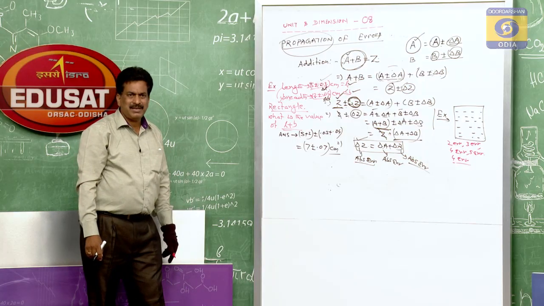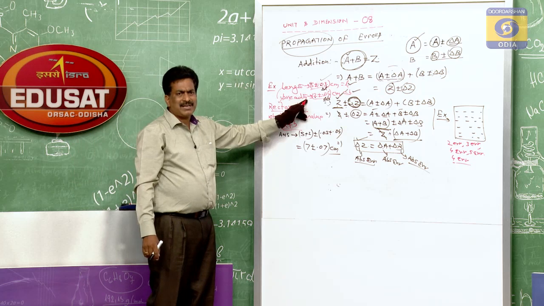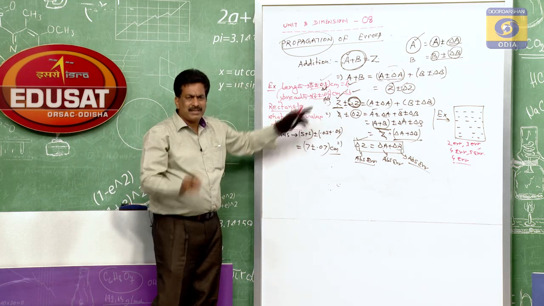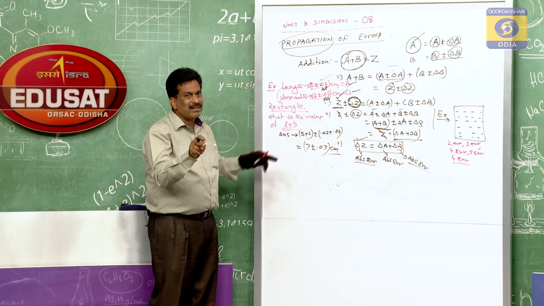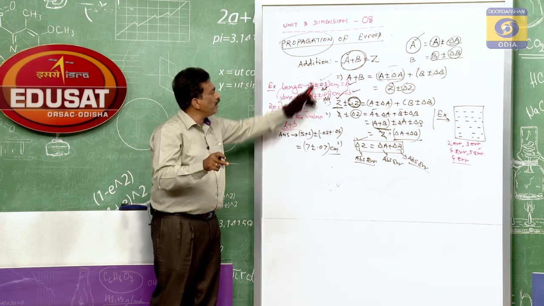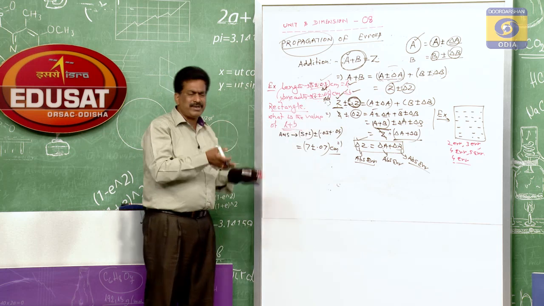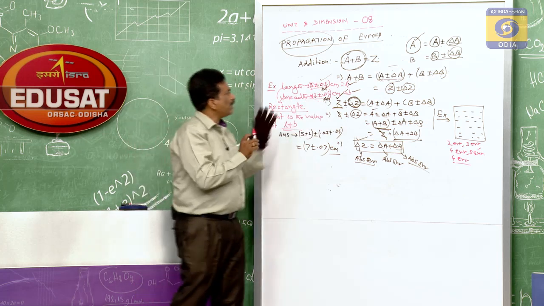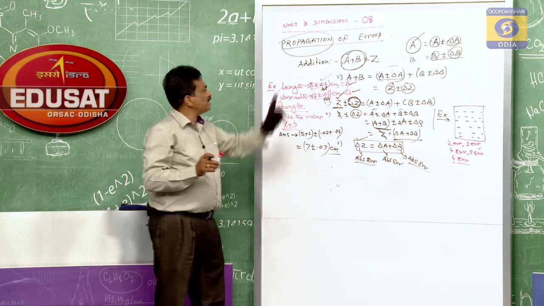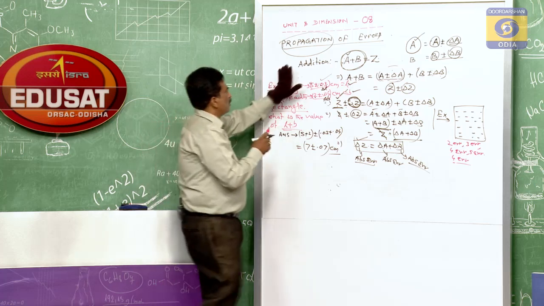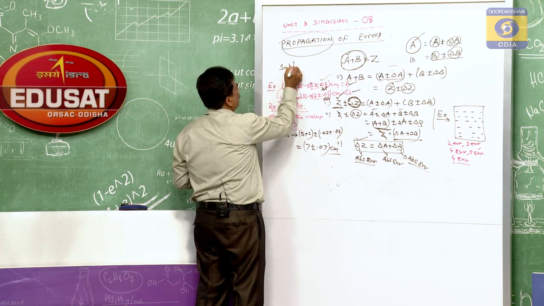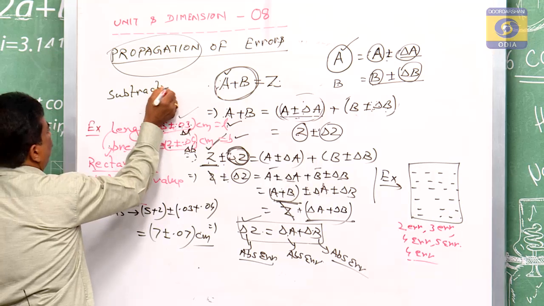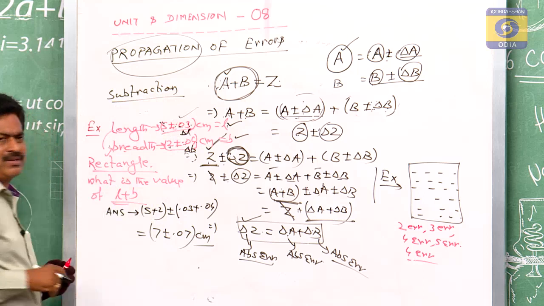Clear to my students? If two physical quantities are given with their errors, then for the addition, you add their real values and the error values are also added. Please remember, though for addition the errors are added, there is some change for the subtraction. Suppose instead of the addition we go for the subtraction.